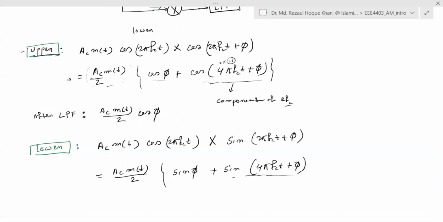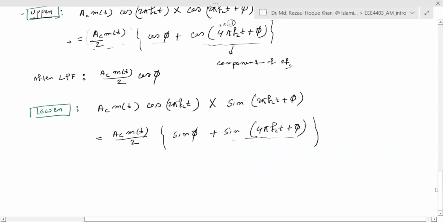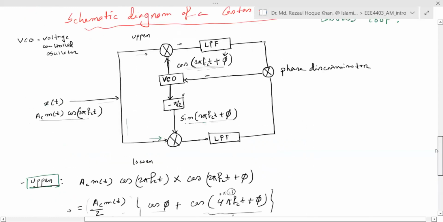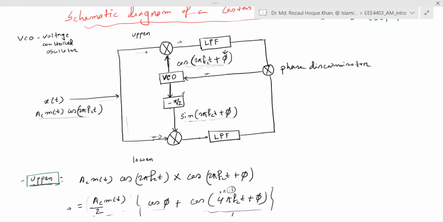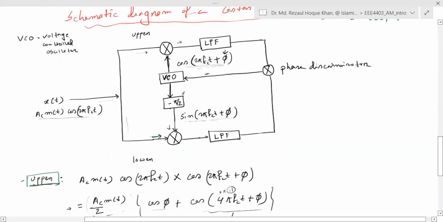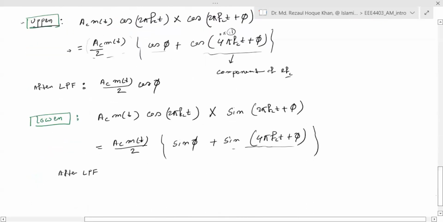We know that this part is the component at twice f_c. After the low pass filter, only this portion with sine remains. So after the low pass filter, the signal will be A_c m(t) by 2 sin phi.